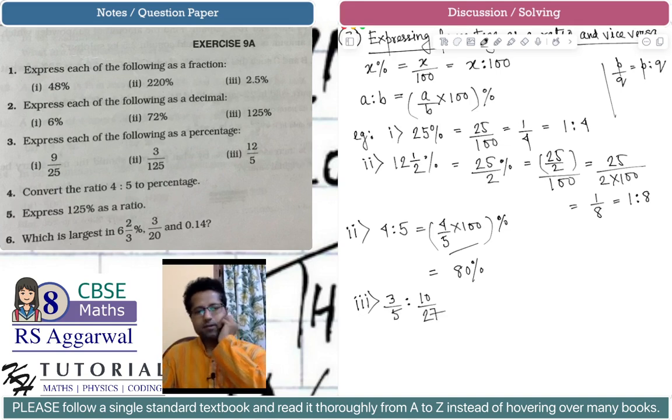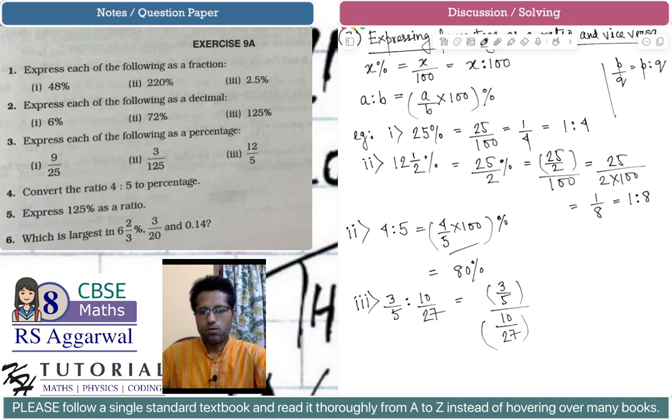I'm taking some random ratio. If this is the ratio 3 by 5 is to 10 by 27, what will be its equivalent percentage? We know the formula is a by b into 100. So 3 by 5 divided by 10 by 27, whole multiplied by 100 percentage.